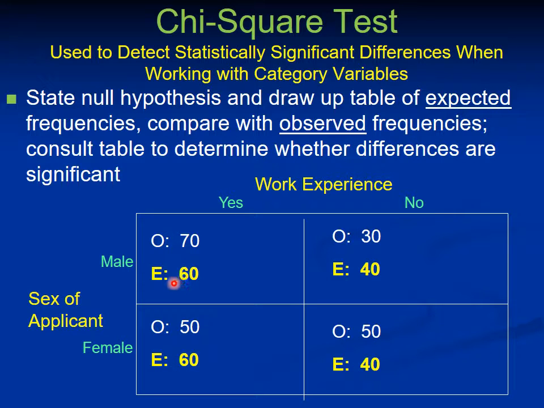So here, our overall level of all of the applicants that he looked at, 60% had work experience, 40% didn't have work experience, right? So if you assume that males and females in your overall population that's being looked at have the same amount of work experience, right? You'd put your expected values in at 60 and 40, right? Because that's your overall amount.